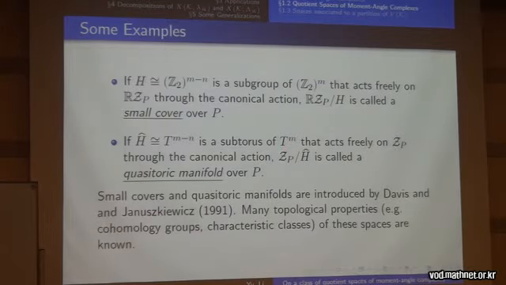And similarly, if a subtorus of rank m minus n can act freely on the moment-angle manifold through the canonical action, then the quotient space is called a quasitoric manifold over P. These manifolds were introduced by Davis and Januszkiewicz in their 1991 paper, and they systematically studied the properties of these spaces. And many topological properties of these spaces, like cohomology groups and characteristic classes, are known.